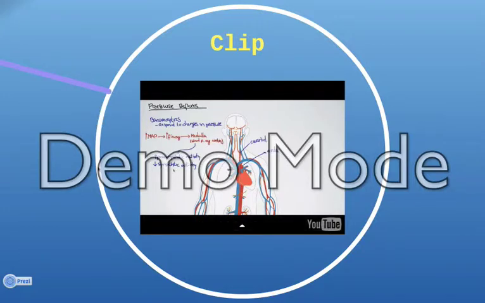So the net result of these two things is we're going to get a reduction in cardiac output and also in peripheral resistance. And then, of course, that is going to cause a reduction in mean arterial pressure.